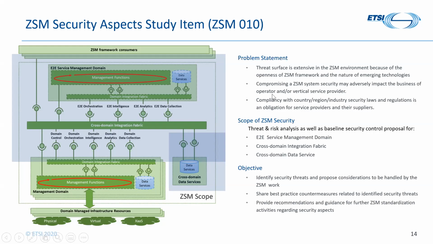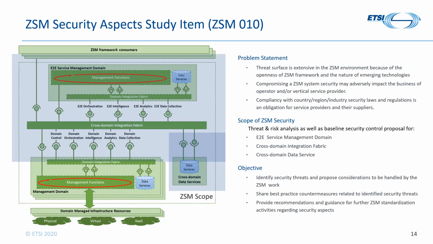The motivation of ZSM 10 is based on the problem statements that the threat surface is extensive in ZSM environment because of the openness of the ZSM framework and the nature of the emerging technologies.